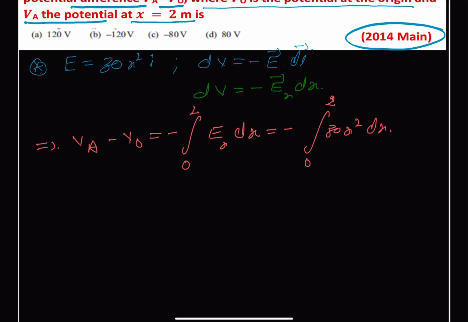Now it is simple integration. We get this as minus of 30x² giving us x cube by 3, and this goes from 0 to 2, and this comes as 10, and we are left with 2 cube, that is 8, minus 0. So this will be 8 coming as minus 80 volt. So option number C is the correct one.